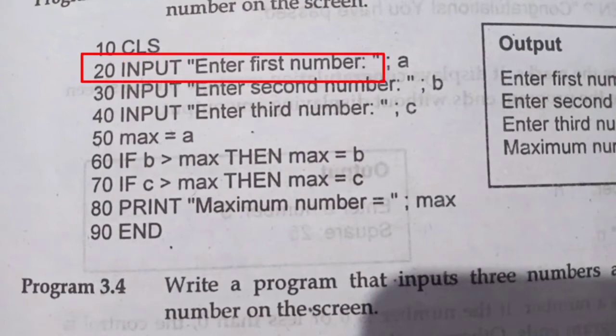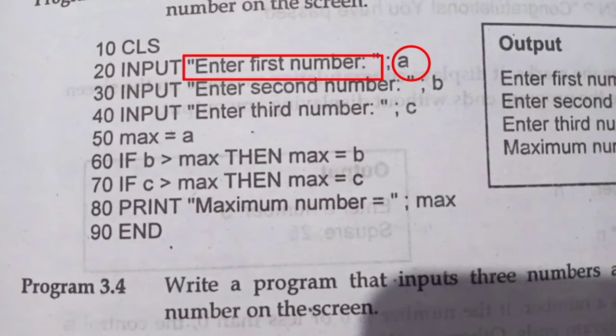In line 20, we input the first number within double quotes as "Enter first number", and after this statement we put a semicolon to show a question mark during execution. And then we declare a variable like a to store the value in RAM.